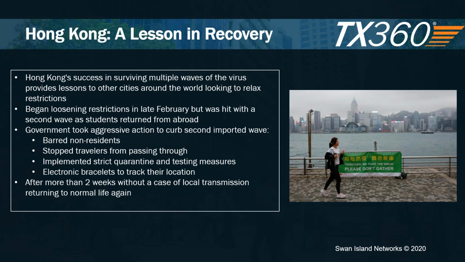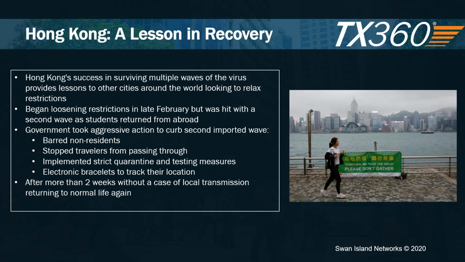Hong Kong can provide us with somewhat of a lesson in recovery. Hong Kong's success in surviving multiple waves of the virus provides lessons to other cities around the world looking to relax restrictions. Hong Kong began loosening their restrictions in late February after they saw a flattening of their curve, but was hit with a second wave as students began returning home from abroad.